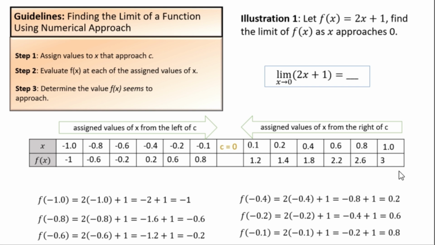While on the right, we started with 3, then it goes down to 2.6, 2.2, 1.8, 1.4, and 1. So on this side, the values are increasing up to something. And on this side, the values are decreasing down to something. At this point, we can claim that f of x is approaching a number in between 0.8 and 1.2, right?